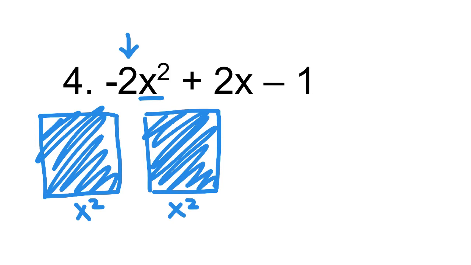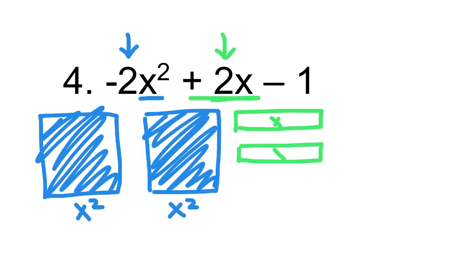The next term is positive 2x. The coefficient is 2, so we'll have 2 x's. Because it's positive, they will not be shaded in. And the last term is negative 1. This could also be called a trinomial because there are 3 terms. Remember to shade in that negative 1.